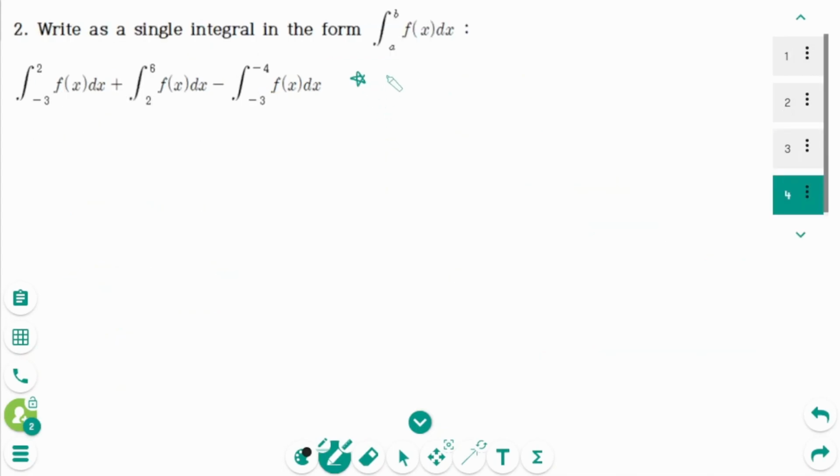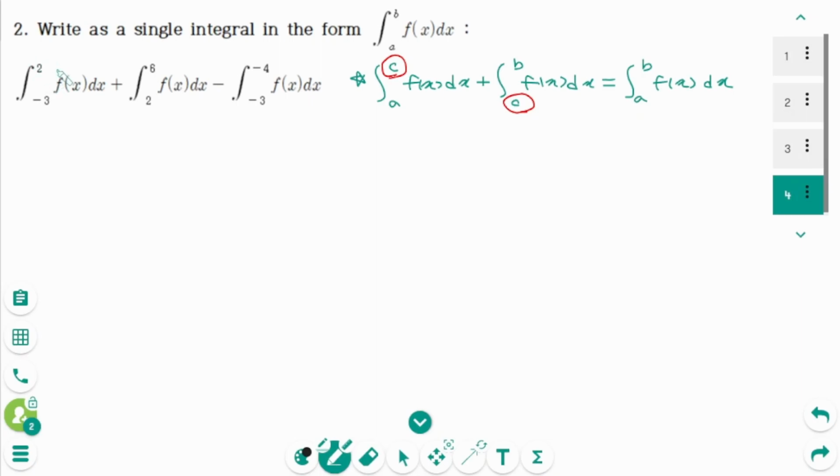Question 2. Use the property: the integral from a to c of f of x dx plus the integral from c to b of f of x dx equals the integral from a to b of f of x dx. The important point here is that the upper limit in the first integral and the lower limit in the second integral must be the same.